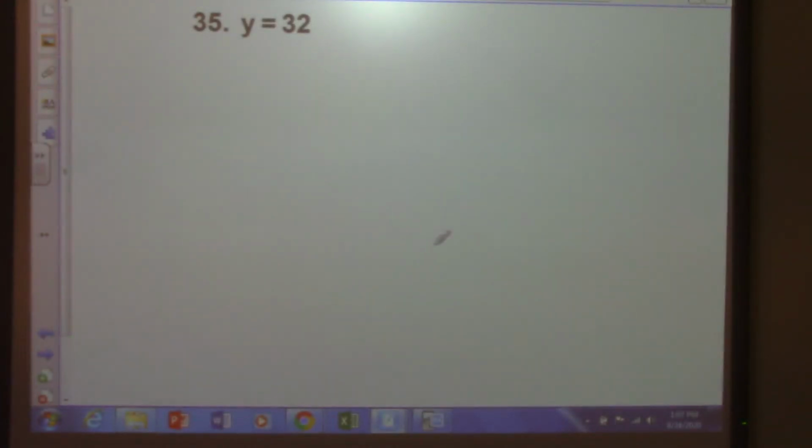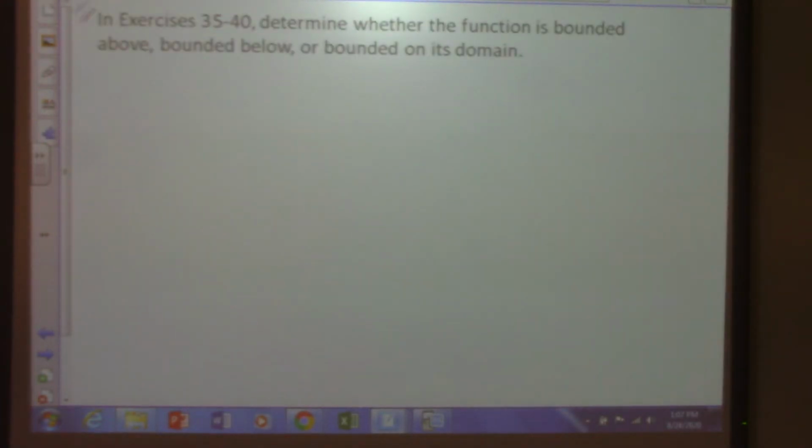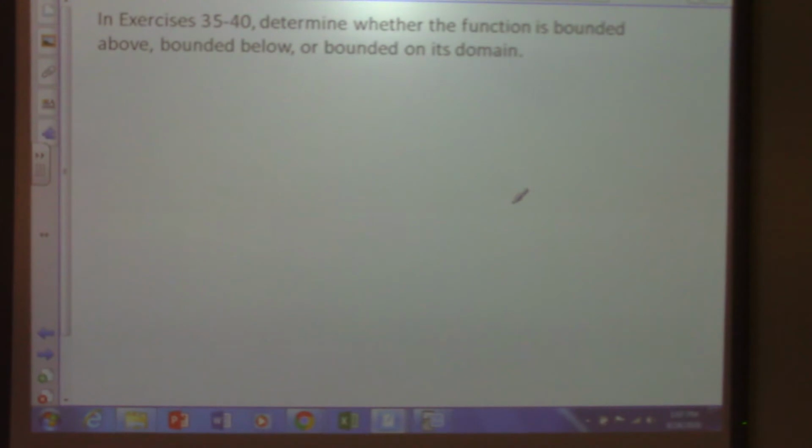Okay, we are here to numbers 35 through 40, which comes to the concept of boundedness. And boundedness, I haven't talked a lot about directly in this class, but in the video lecture, part 2, remember that one I gave you the QR code for?